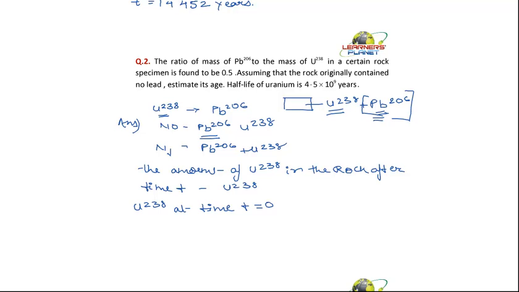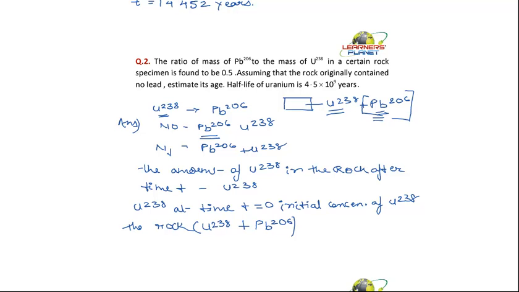It means the initial concentration of U-238 in the rock will be the sum of U-238 present at time t plus lead-206.